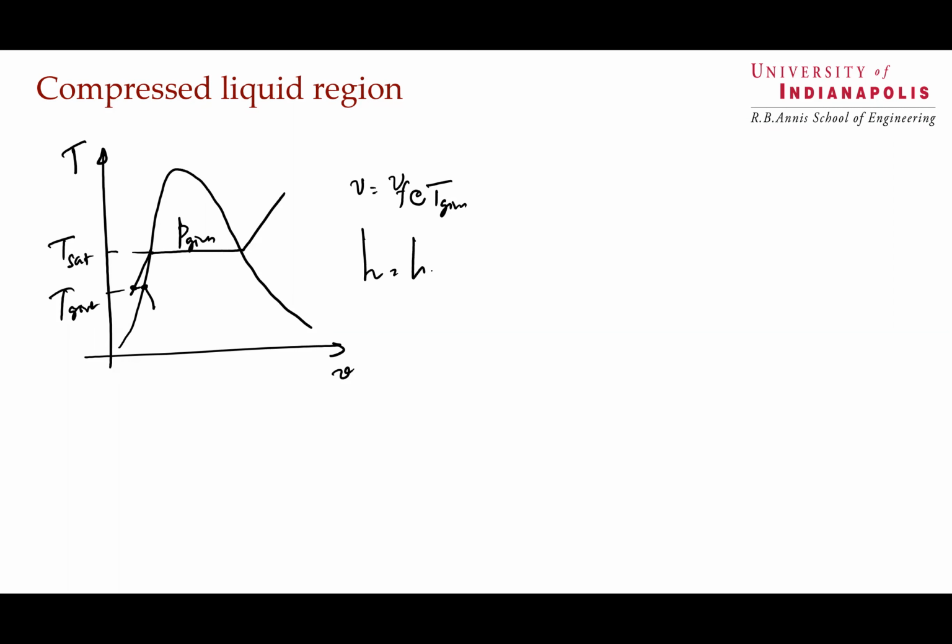H is Hf at T given. S is Sf at T given. For any property, you can approximate that, and also U is Uf at T given. You can find the compressed liquid properties this way, or you can use the compressed liquid table, which I don't advise a lot.